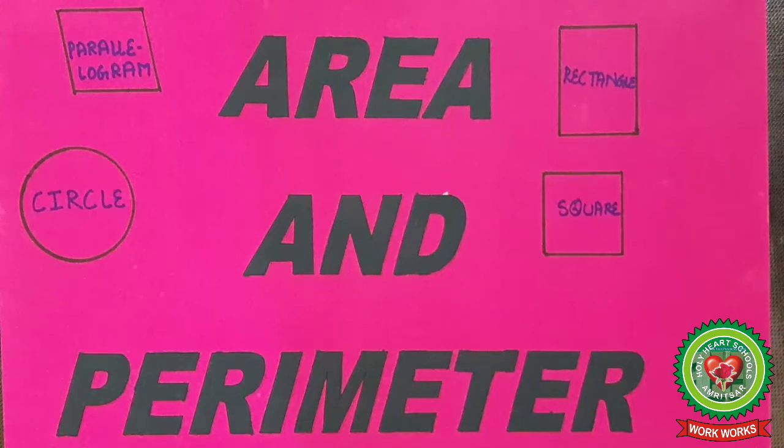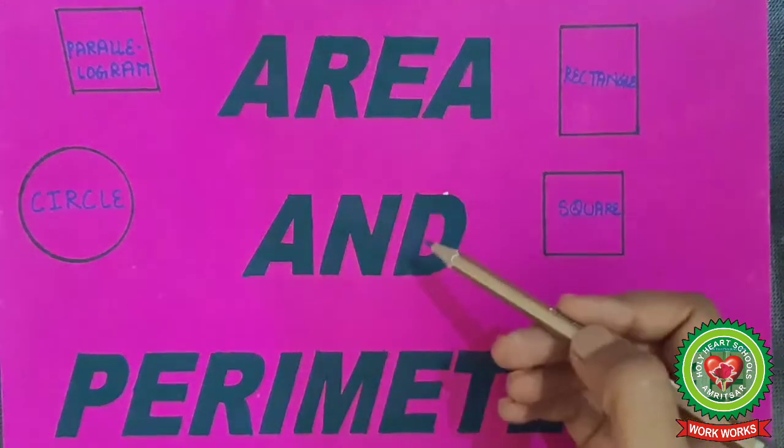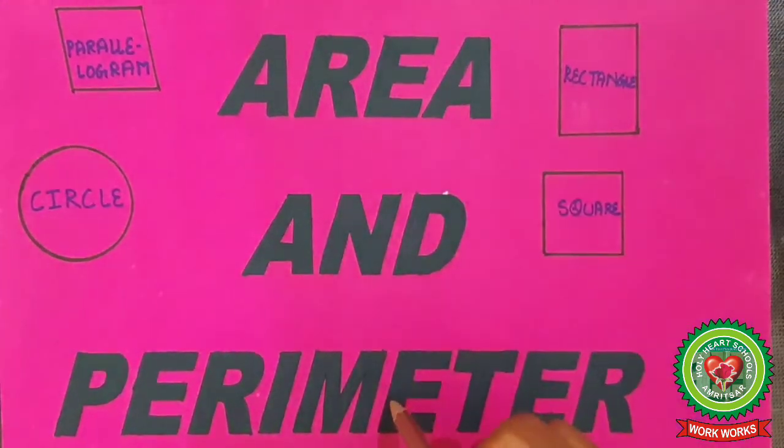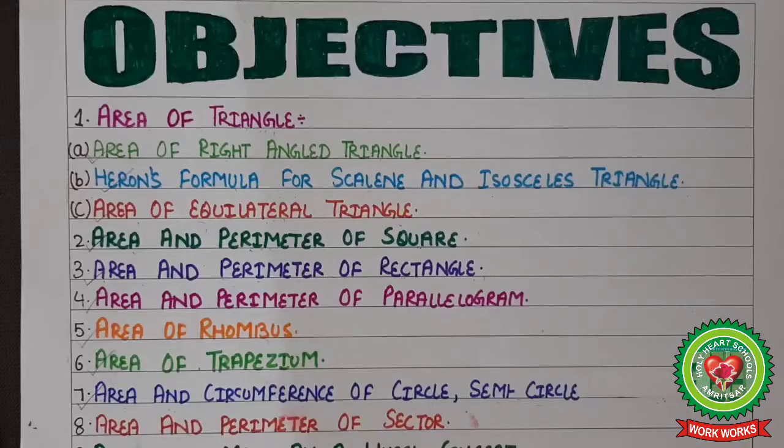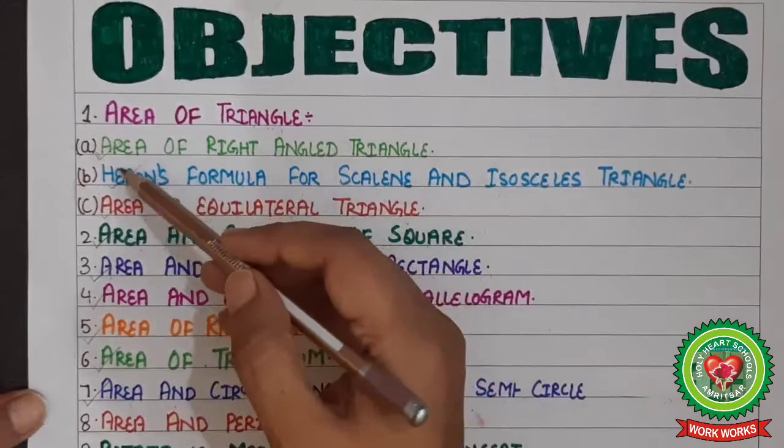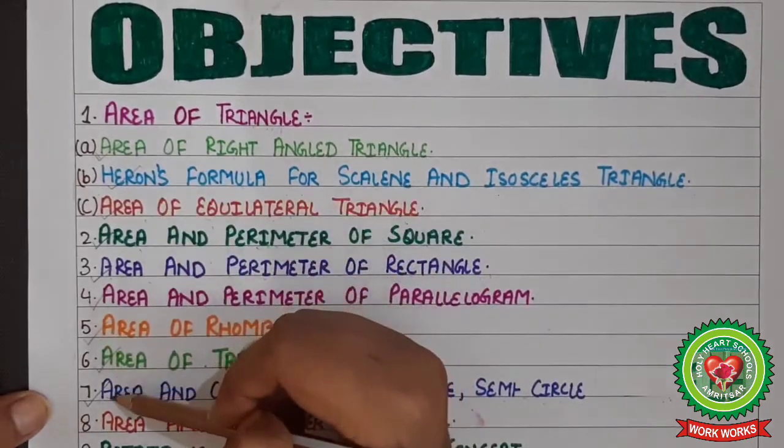Today we will discuss the next types of the topic area and perimeter, which is used to find area and perimeter of two-dimensional figures. Children, before starting with the questions related to today's class, first have a look at the objectives of today's class. So far we have discussed the first 7 objectives.